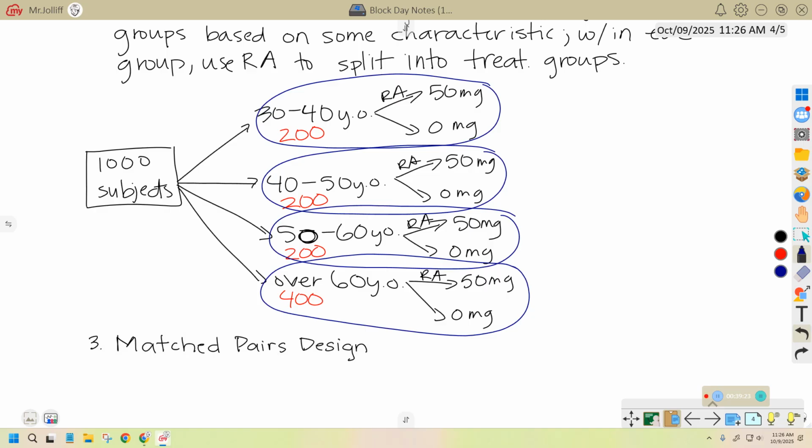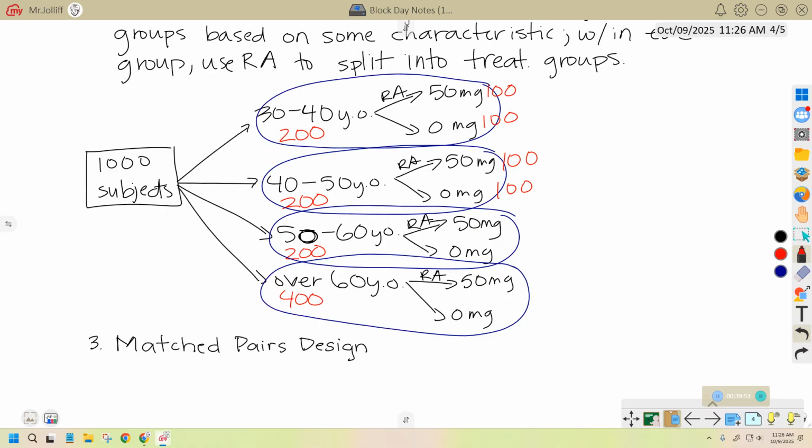When I look at how many are in each of those treatment groups for the 30 to 40 age range, how many people in each of those treatment groups? 100. Good. That split by random assignment should produce approximately equal groups. So 100 people here, 100 people here. 40 to 50, I had 200 subjects. I should split them equally between the med and the sugar pill.